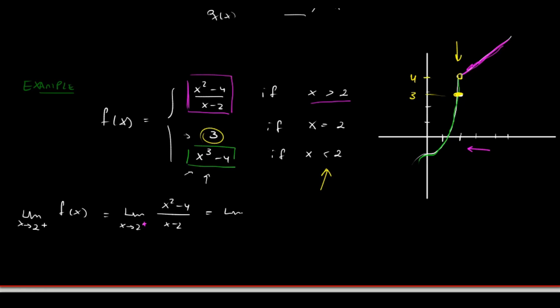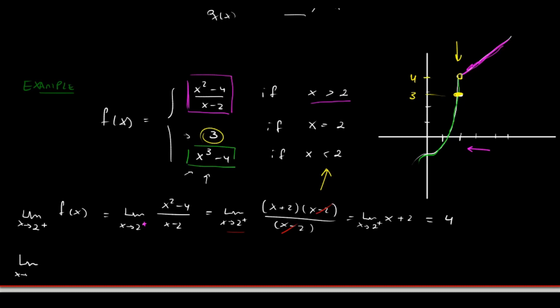We can factorize the numerator as x plus 2 times x minus 2. And here we can just cancel these two terms out because x is different to 2 because we're taking the limit. So x minus 2 is never 0. And then the limit when x tends to 2 of x plus 2 from the right. x plus 2 is a polynomial, so calculating the limit, as polynomials are continuous, is just evaluating. So the limit would be 2 plus 2, 4.